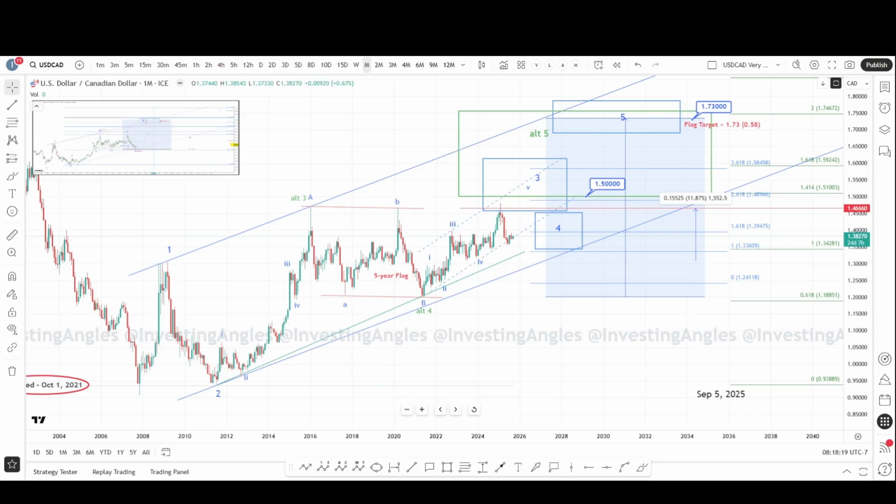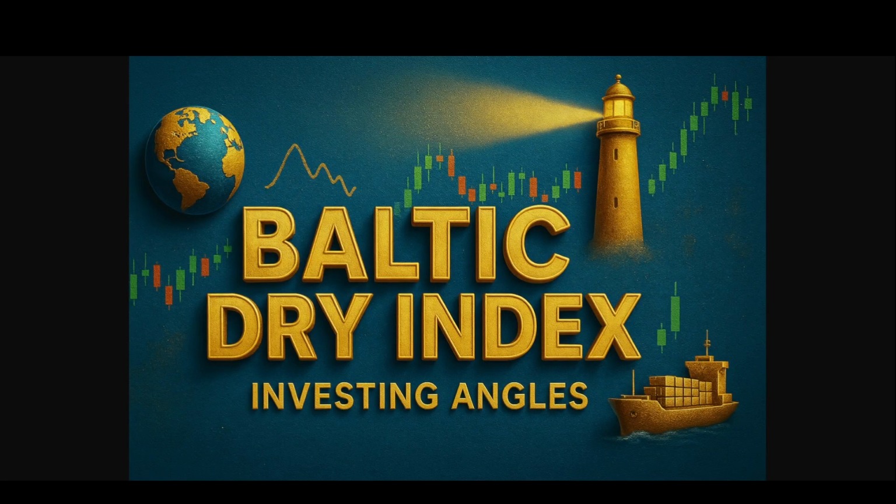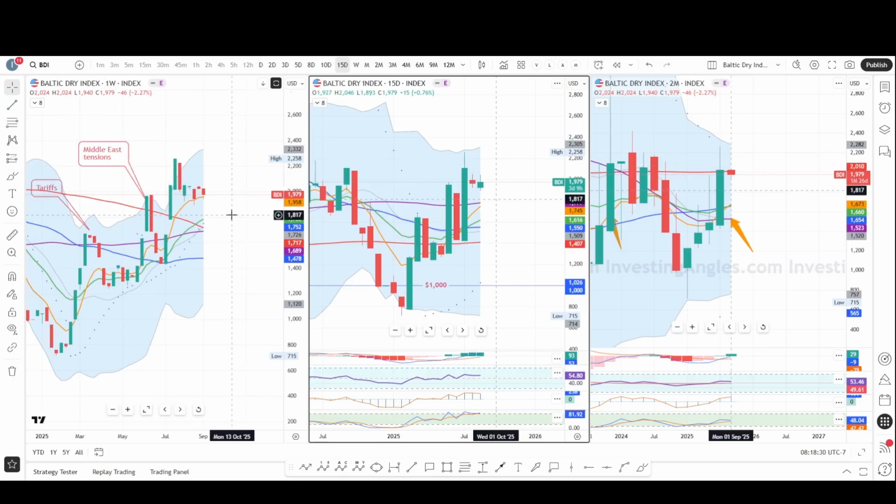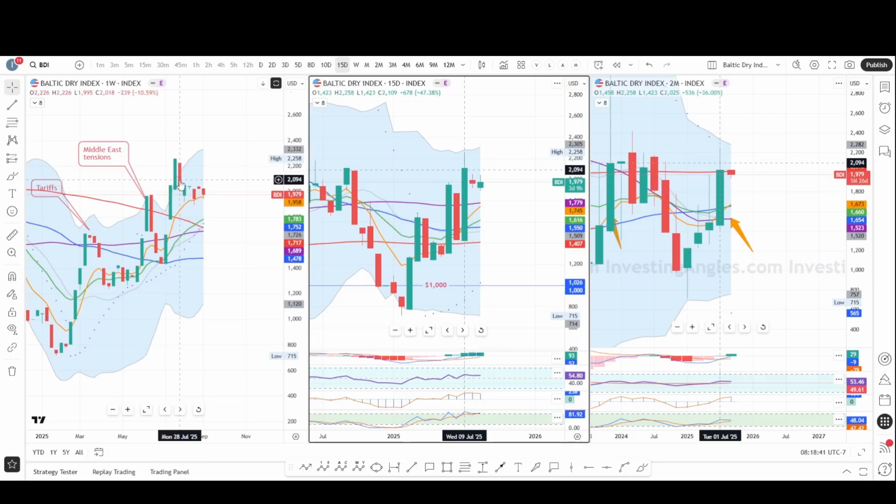Now let's have a look at the other elements of our strategy, and this is the global trade Baltic Dry Index. What we are seeing is that the weekly frame failed to confirm a reversal here, and the chances for continuation are significant.